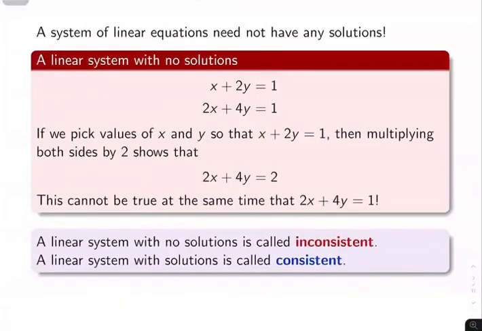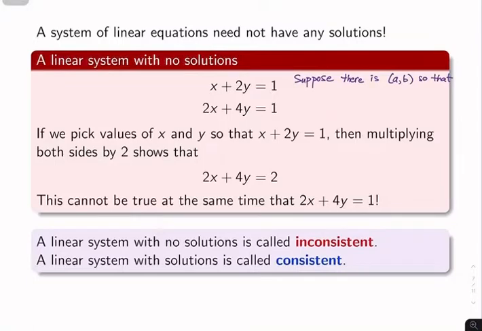In the previous example, we saw a system of linear equations which does have a solution. But it's possible that a system of linear equations does not have any solution. Here's an example of such a system. How can I tell that this does not have a solution? One way is to say, suppose there is a solution, so that there is a pair of numbers, a and b, such that it is a solution to both the first and second linear equation.